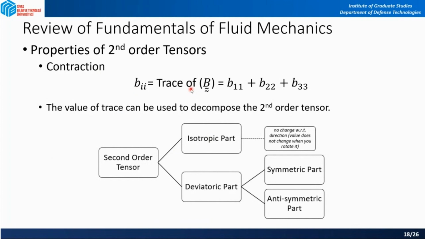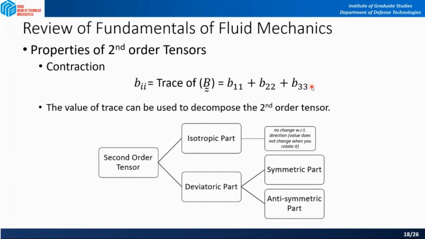The contraction means trace. So trace, as I said, is the summation of the diagonal elements. So contraction, B_ii, it's a dummy or repeating index. It means summation. Summation means B11 plus B22 plus B33, right?